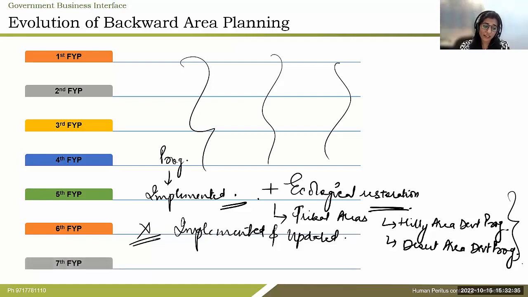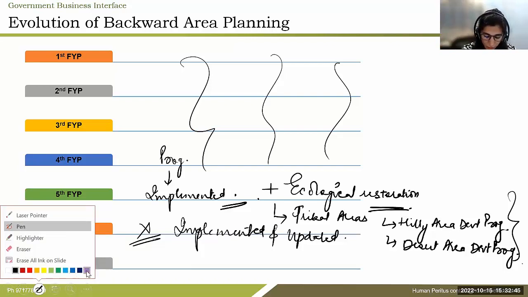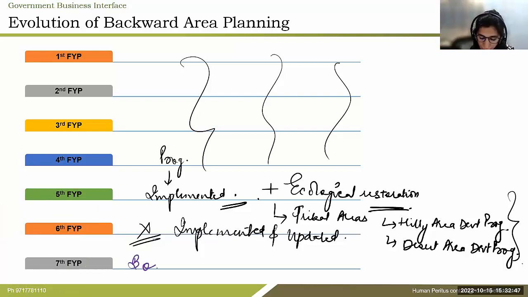Now the seventh 5-year plan. What happened in the seventh 5-year plan? Other than the implementation and updating of the other programs, one major thing was that the border area development program was started during the 7th 5-year plan.